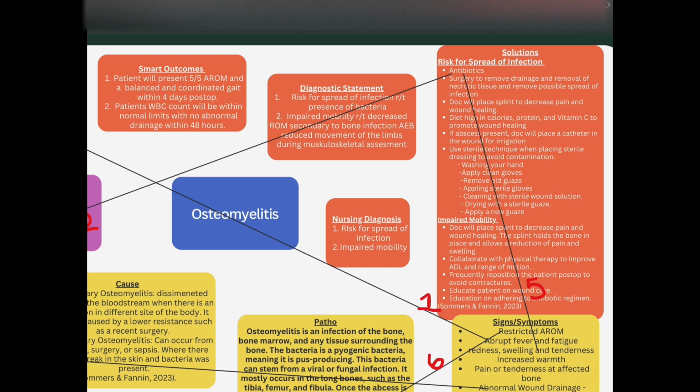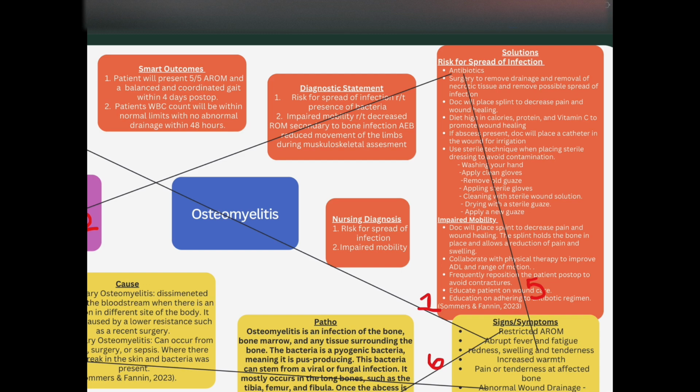Our second nursing diagnosis statement is impaired mobility. Really from the start, like we said, a sign and symptom of osteomyelitis is that decreased AROM. So even before interventions are applied, they're having that issue, but also post-op, during that recovery, they're gonna have impaired mobility while they're still healing.